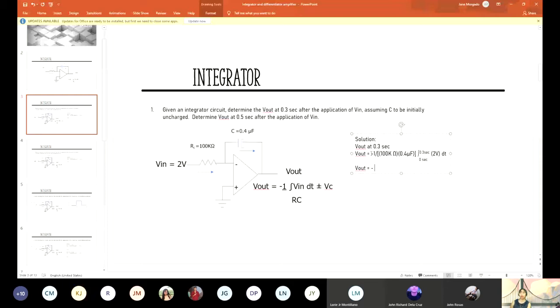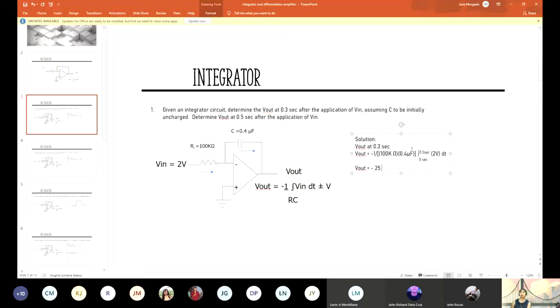Just for this part, not the whole answer yet: the negative 1 over RC. 25, ma'am. Okay, so we have negative 25.